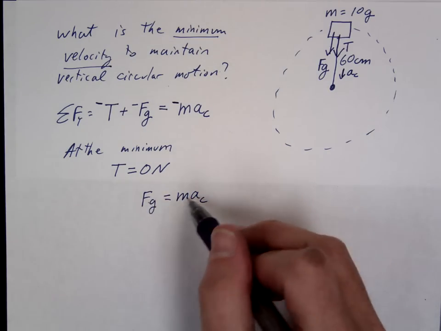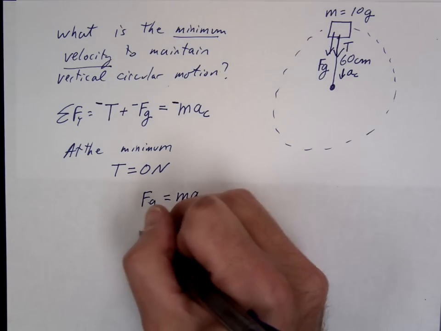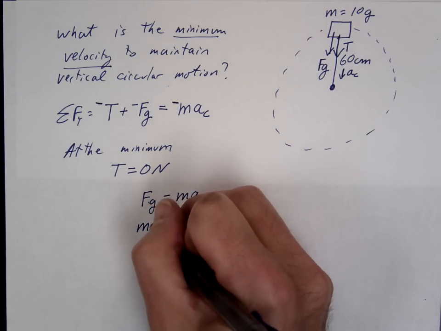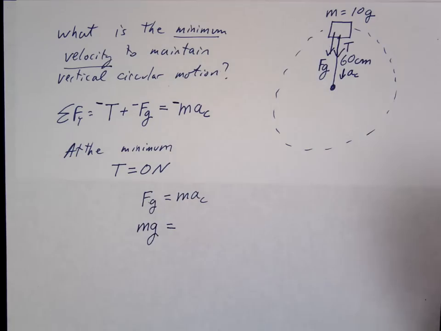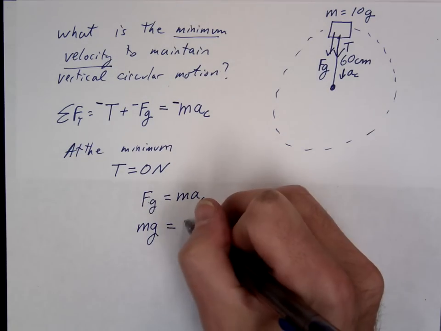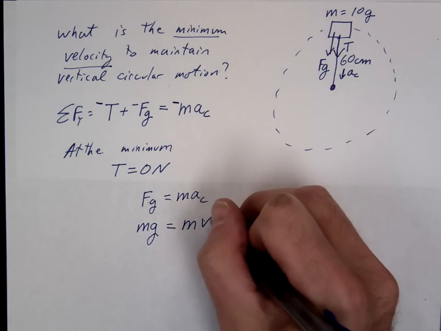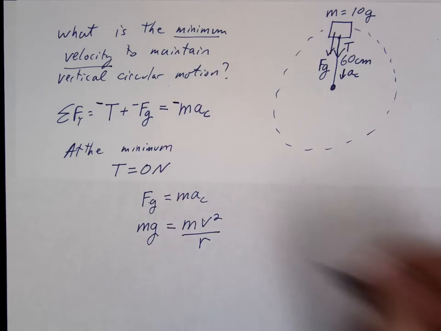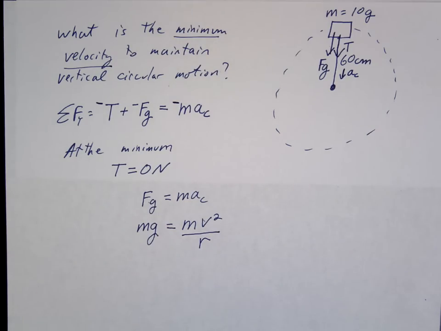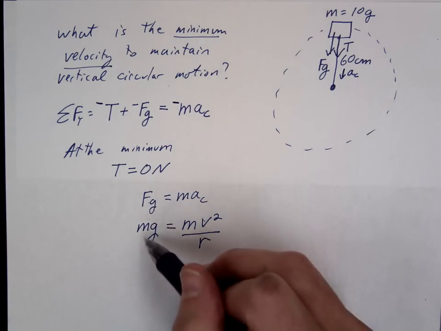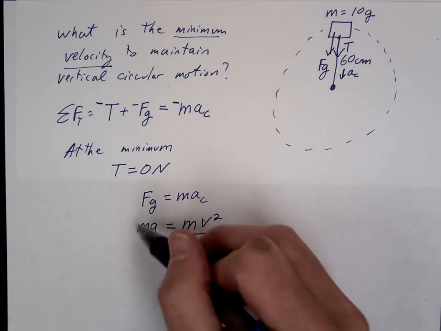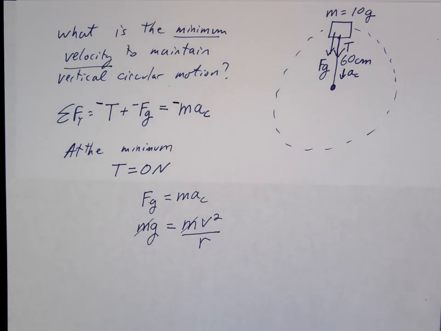Let's break these down. What's the equation for weight? Mg. What's the equation for AC? V squared over R. Notice what happens to the masses again. They cancel. So this is good if you're a roller coaster engineer. You don't need to worry about whether a 200-pound person gets in your car or a 50-pound person.